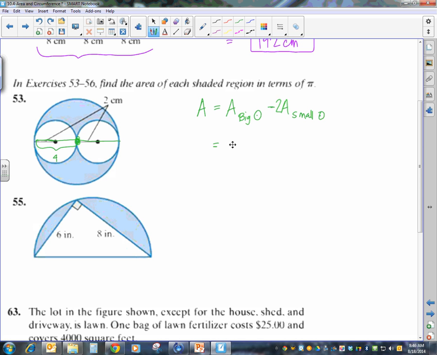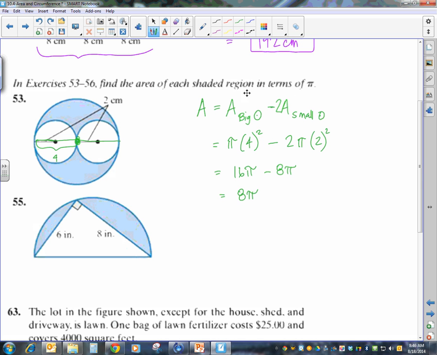So the area of the big circle is pi times your radius, 4 squared, minus 2, area is pi, and the radius of the small one is 2 squared. So 4 squared is 16 pi. 2 squared is 4 times 2 is 8. 16 minus 8 is 8 pi.